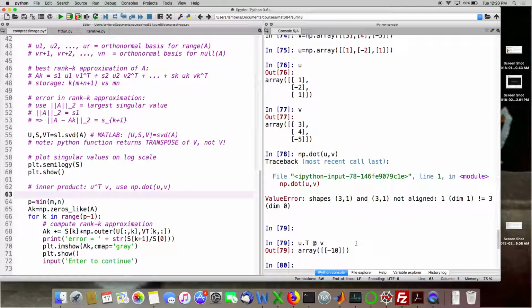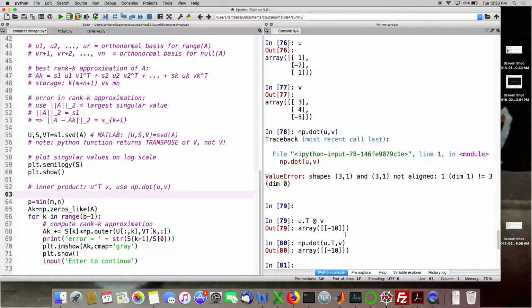What if I try this? np.dot of U transpose and V. Okay, and that does the same thing. Okay, so in a way this makes sense, because, well, yes and no.